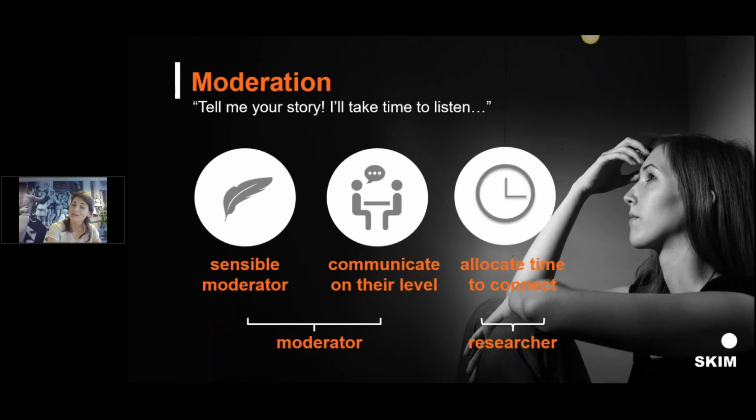On the communication side, I would say, in a nutshell, communicate on the patient's level. And how do you do that? Well, by using an approachable tone to make them feel at ease, by avoiding the use of very difficult words or abstract terms that patients might not be familiar with, but might also find it difficult to admit.